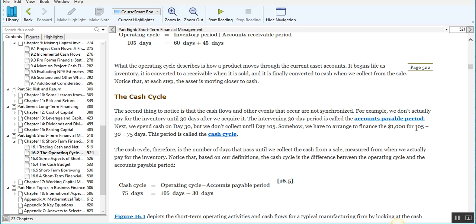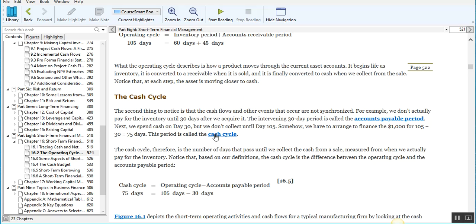So what we do is we take the days it takes to bring everything to pass, from getting the inventory to selling everything and getting cash, 105 days, minus the 30 days that we have to pay for the inventory. That means we have 75 days that we need to cover with cash.